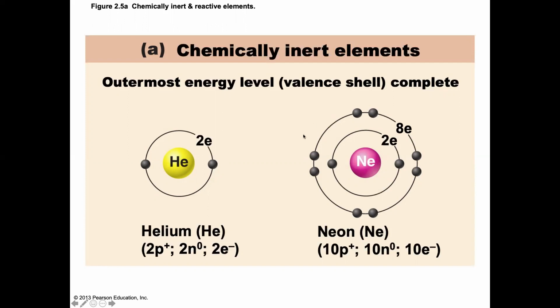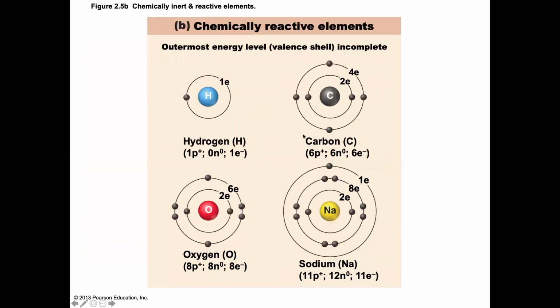The other elements, right, are trying to get a full outer shell. So how do they do that? They do that by either sharing or losing or gaining electrons, okay? So hydrogen with 1 in its outer shell could pick 1 up to fill it. Carbon with 4 in its outer shell could pick 4 up to fill that shell. Remember, that shell holds a total of 8, right?